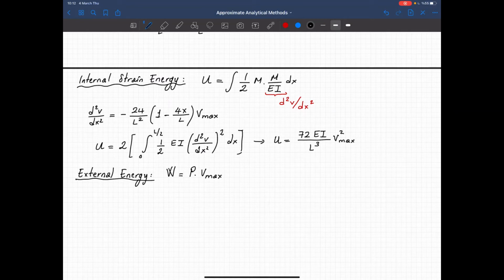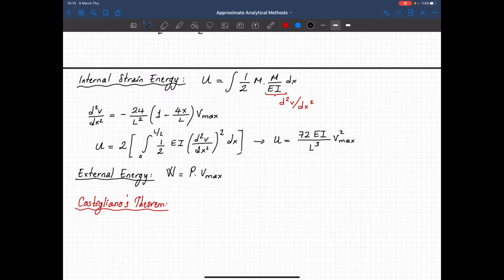Okay, so as a first solution case, let's use the Castigliano's theorem. Because we have the same variable in both U and W. So we have the total potential energy.